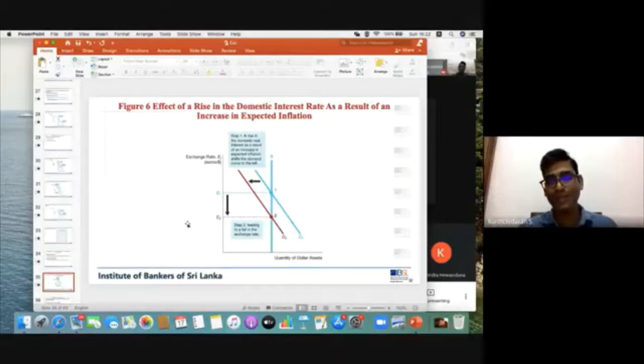But if you are comparing Sri Lanka and the US, you should be very careful about the interest rate changes and all, because how you interpret the exchange rate, how you are going to quote the exchange rate, is very important.